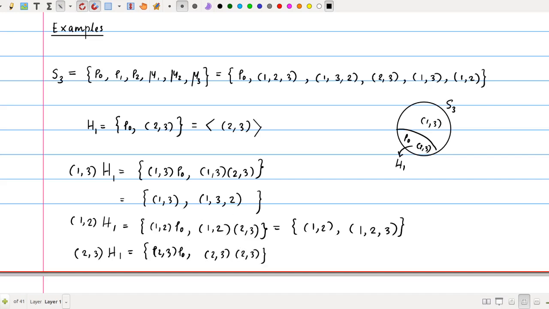This is the coset corresponding to (2, 3). So when you consider (1, 3), it should be operated from the left-hand side of each of these elements. If you choose (1, 2), then (1, 2) should be operated from the left-hand side.